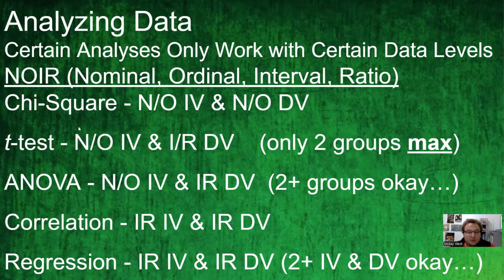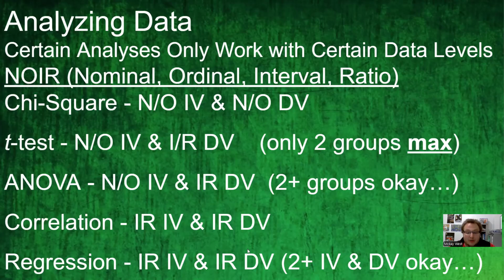If you try to run a chi-square for interval or ratio data, even though SPSS will give you numbers, they don't mean anything. They're problematic. If you only have red and blue as your category system, you cannot predict red versus blue versus green versus yellow on the likelihood of someone weighing a certain amount of weight. The math just does not work.